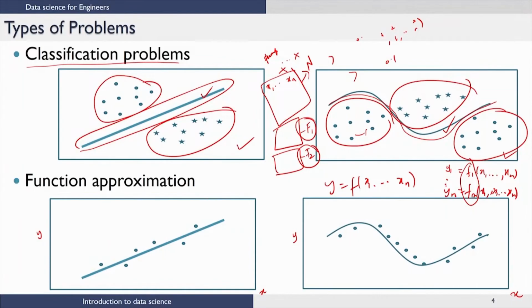parameterized by parameters. So, for example, if you just take, let us say, one output, this is f1, x1, x2, xn, these are the attribute values, and there will also usually be a set of parameters that you have to use for that function. So, that could be p1, p2 and pr, let us say. When I talk about a function approximation problem, the problem that we are trying to solve is the following.